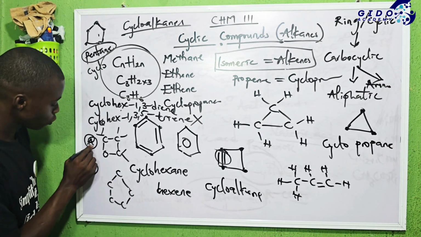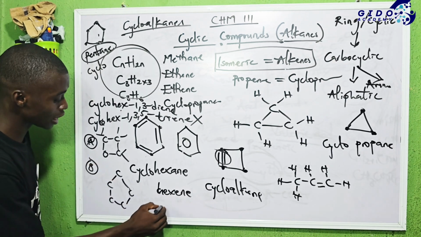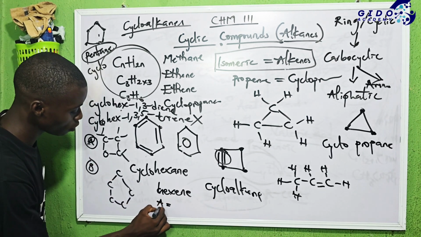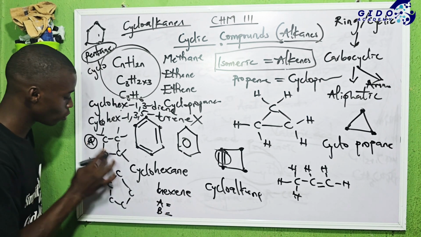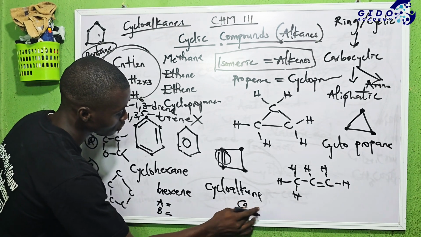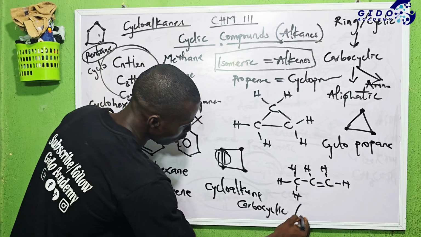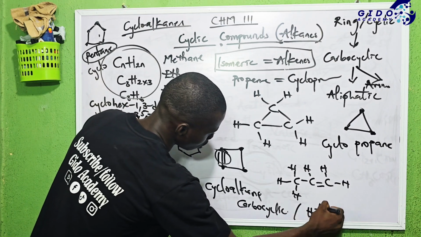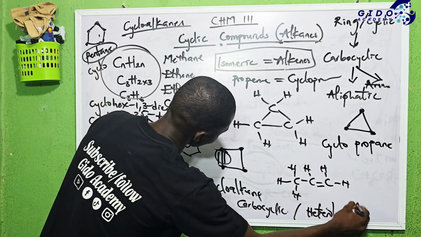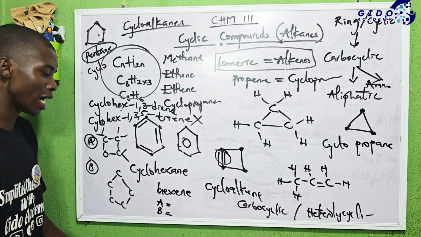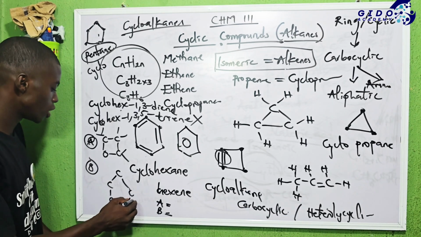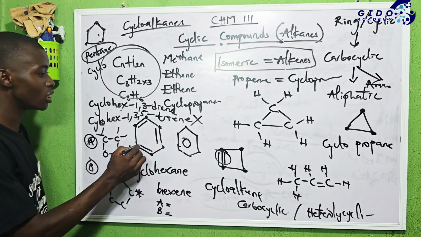Now, option A, is it carbocyclic or heterocyclic? The truth is that one of them is carbocyclic, one of them is heterocyclic. So tell me, is this one carbocyclic or is this one carbocyclic?